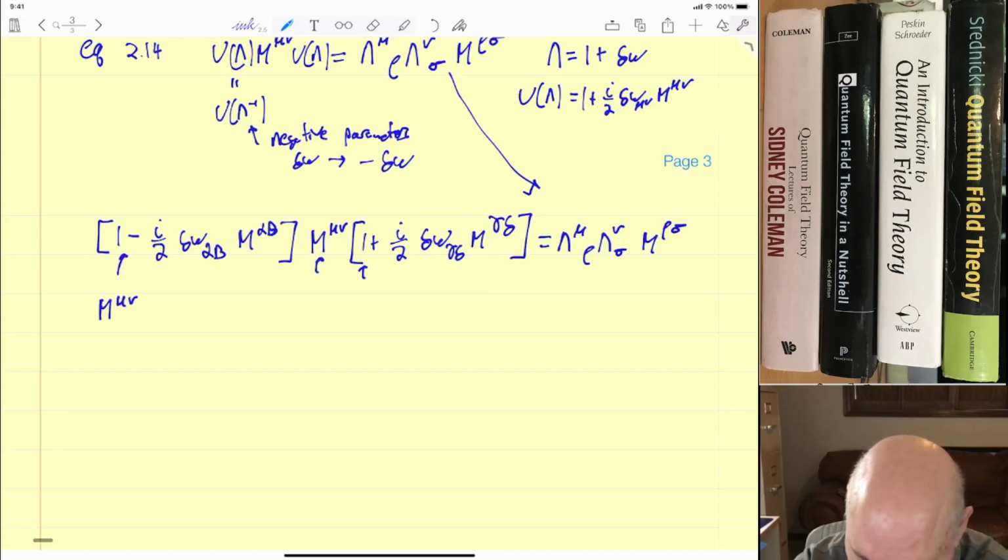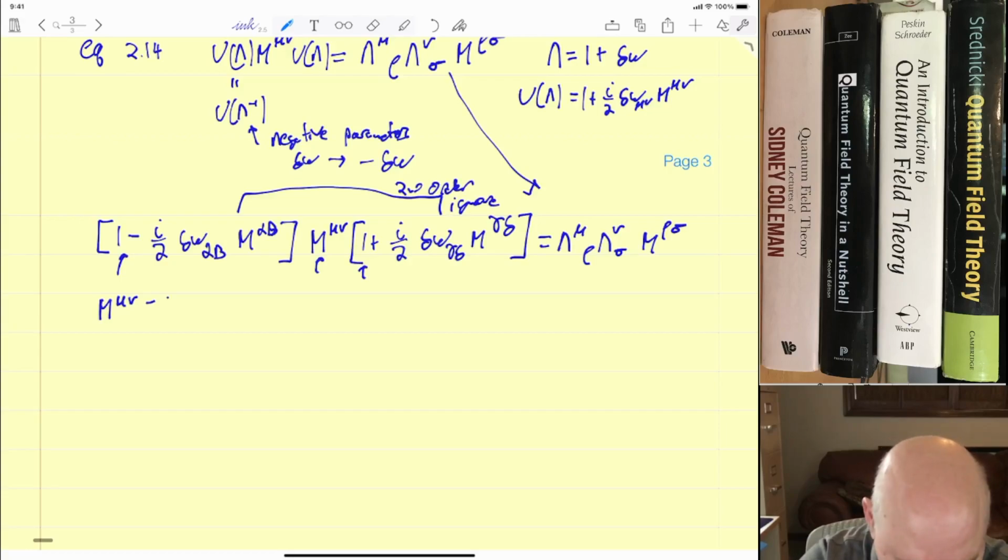And then I'm going to leave out these terms because these two are second order, so we're just going to ignore them. And then we have the cross terms. So I have minus i over 2 delta omega alpha beta M alpha beta M mu nu.